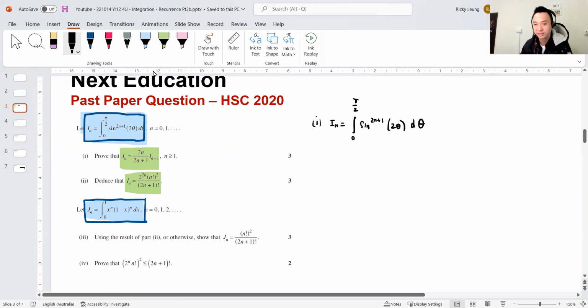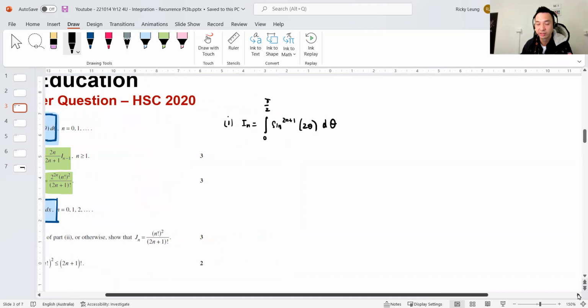Now, like I said, because it's just sine, if you've already seen my trig video, it says let u equal to, so I'll strip this out into sine 2n of 2 theta, and then let dv equal to one of the sines, sine double angle.